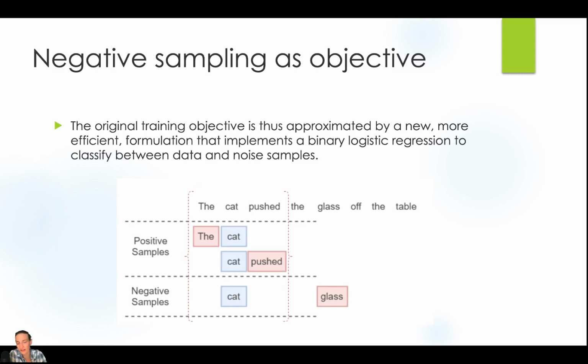And we take words that don't appear in the same context, for instance, cat and glass. Then we feed those newly learned representations by the model to a binary logistic regression model, and if this model can easily classify, that means most likely that their representations are very similar or dissimilar, which is exactly what we want from this word-to-vec model. So this is a way to very quickly approximate the training objective.